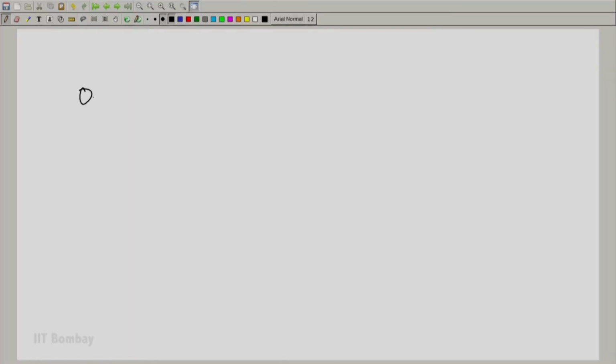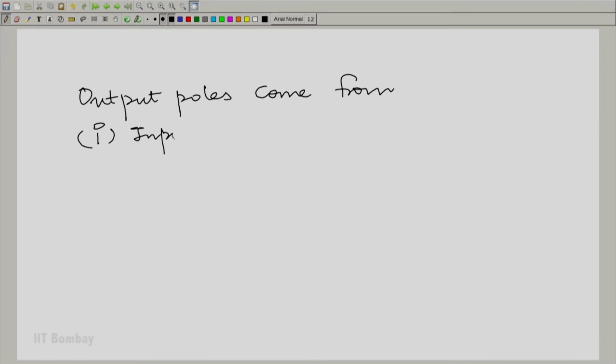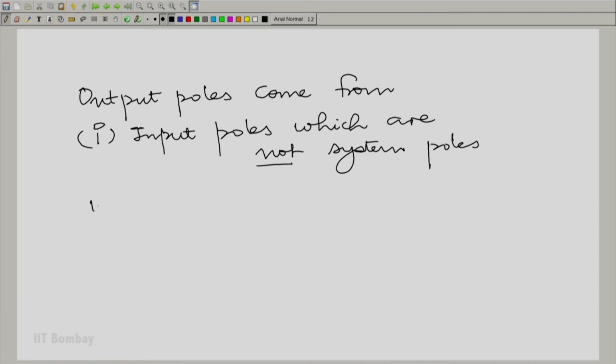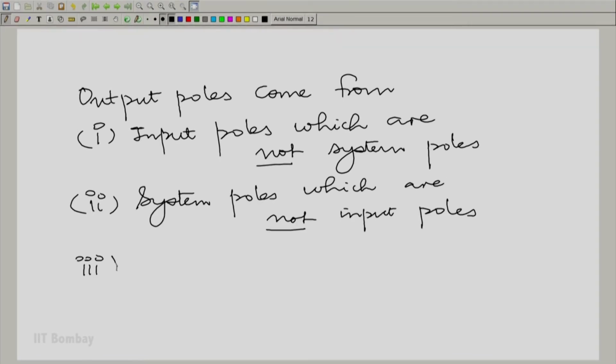Now, what kind of terms would you have in the output? To answer that question, we need to segregate the poles. You see, essentially the terms depend on the poles. So, let us ask, output poles come from input poles which are not system poles, system poles which are not input poles.